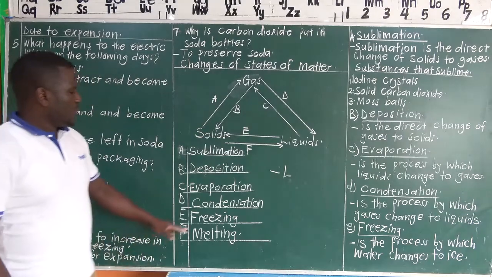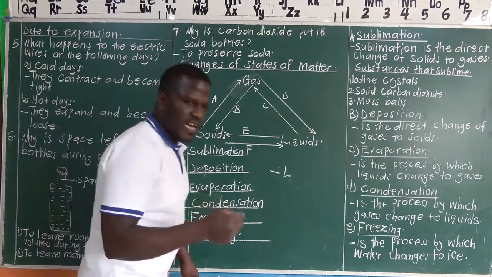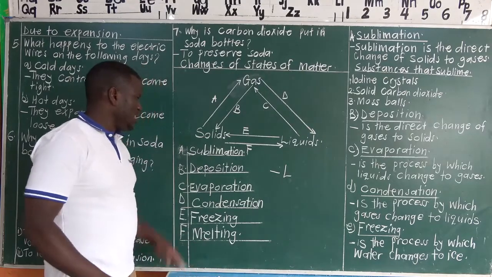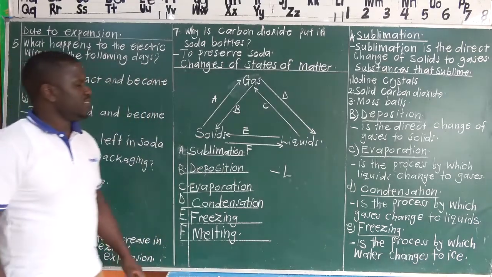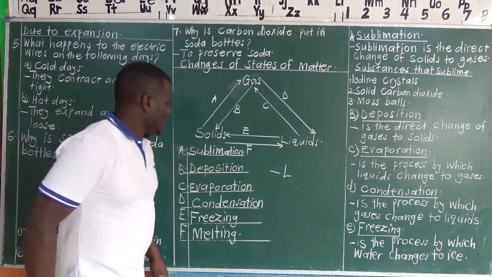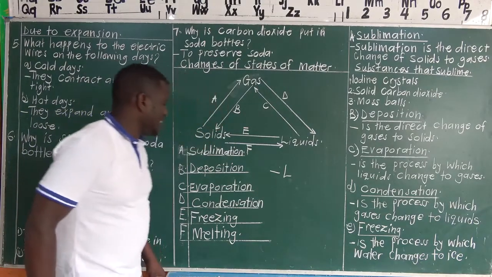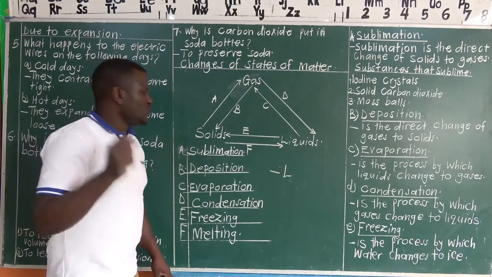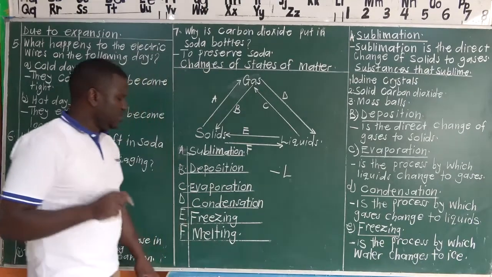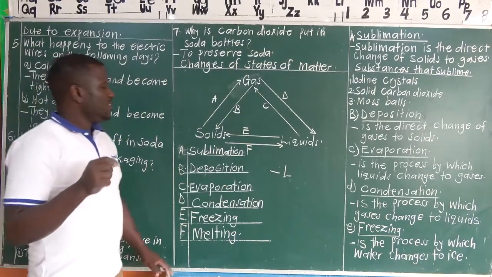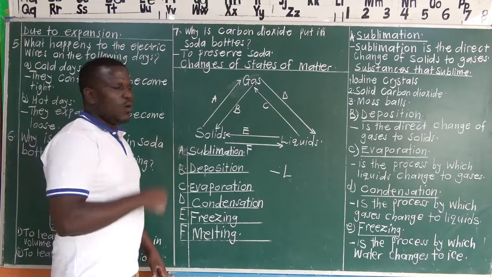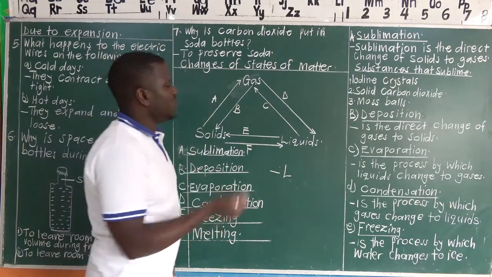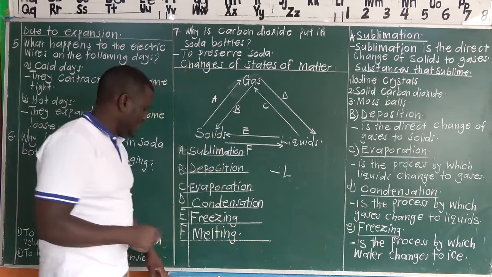Freezing is the process by which water changes to ice. Then we have what we call solidification. Solidification is the process by which liquids change to solids. When liquids change to solids, the process is solidification. When water changes to ice, the process is called freezing.